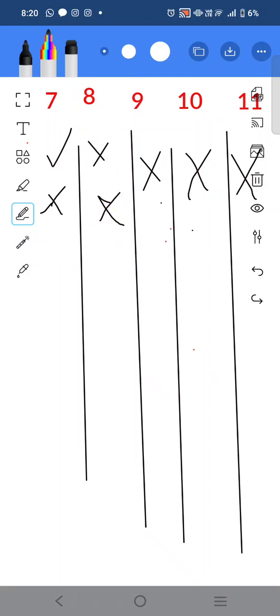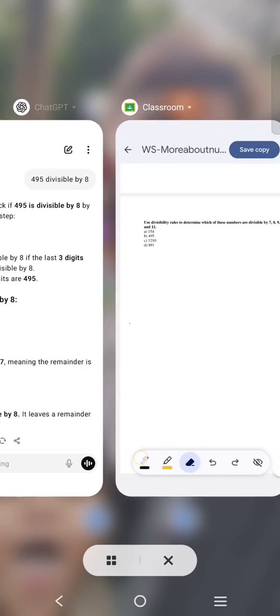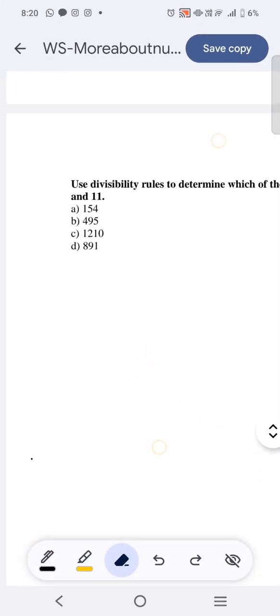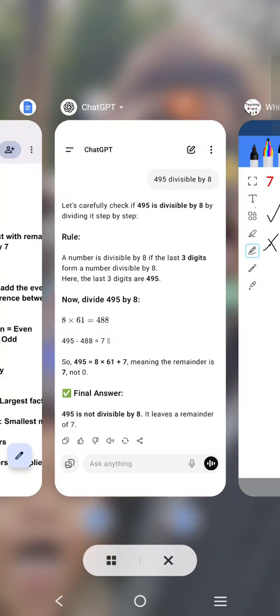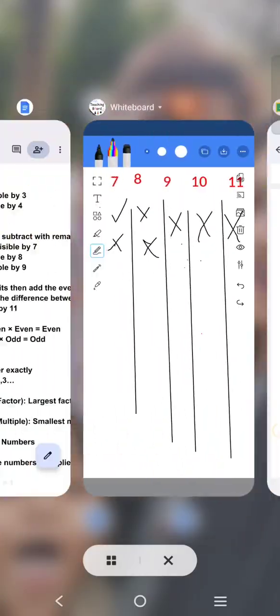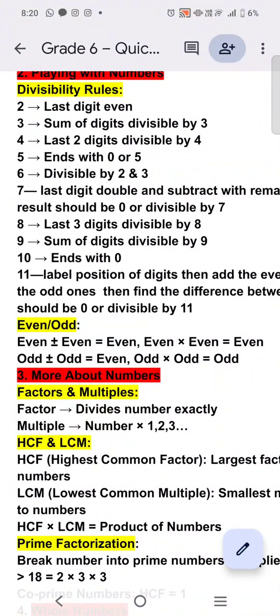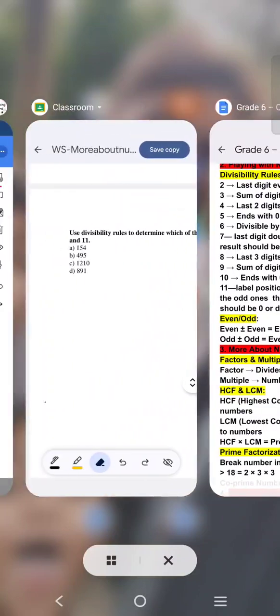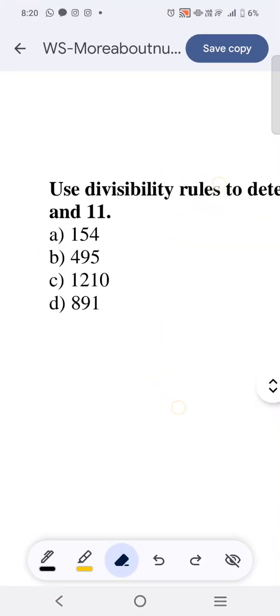Okay, next let's try it by 9. So the divisibility rule of 9 is that the sum of digits should be divisible by 9.